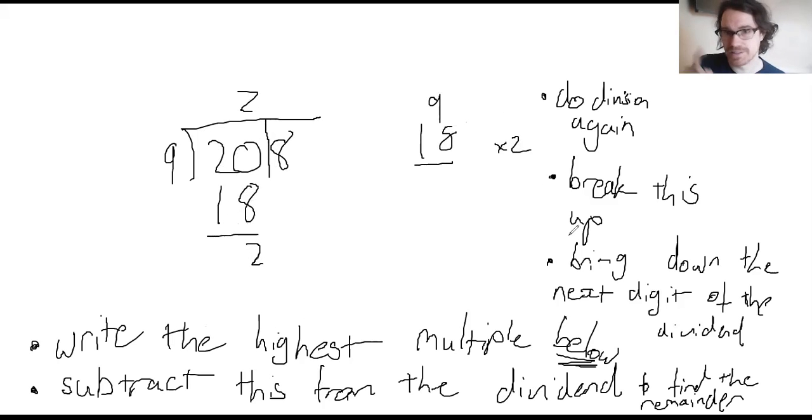Now you remember what we did last time? We bring down the next digit of the dividend. So let's bring it down. So here's the dividend. Let's bring down the next digit, 8, and we're going to put it together with the remainder. And now we're going to do division again. So 28 is a new number we're dividing into.